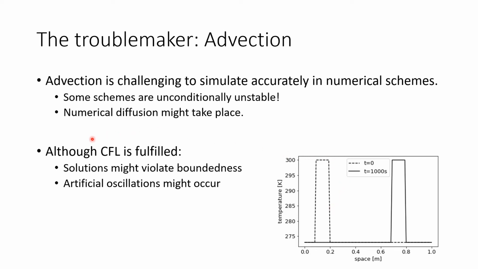And although we fulfill the stability criteria we got to know last week, the numerical solutions might seem unstable. So by definition, they are stable, but they, for example, show violated boundedness, artificial oscillations, and especially numerical diffusion.